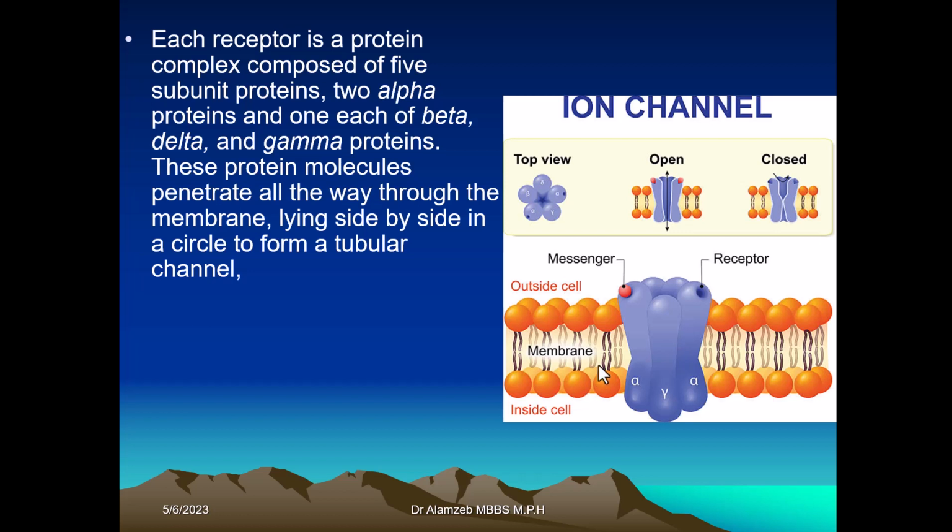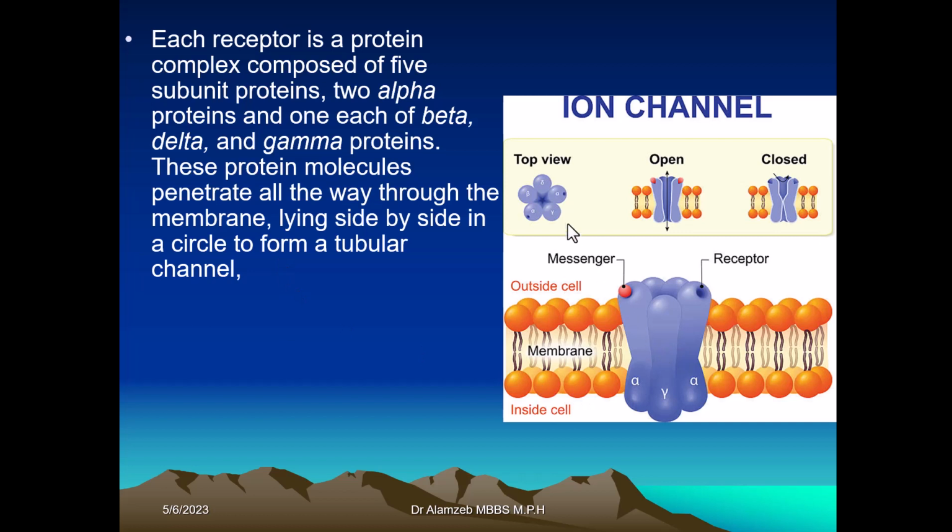Now, these receptors are present on the muscle membrane, and they are made of 5 proteins. These proteins are 2 alpha proteins and 1 each of beta, delta and gamma protein. These protein molecules penetrate all the way through the membrane, lying side by side in a circle to form a tubular canal.